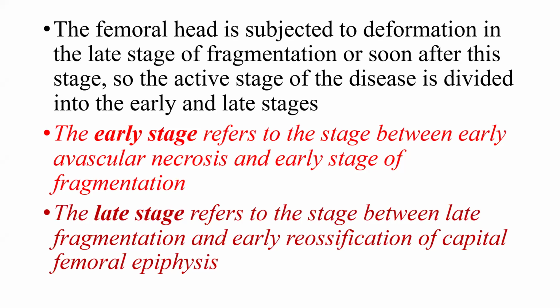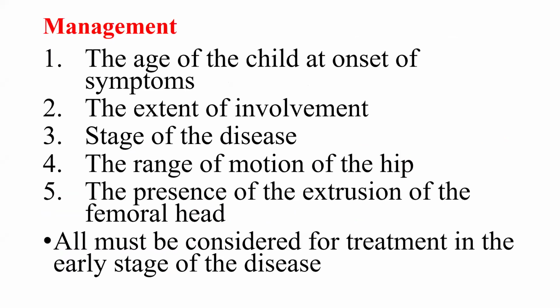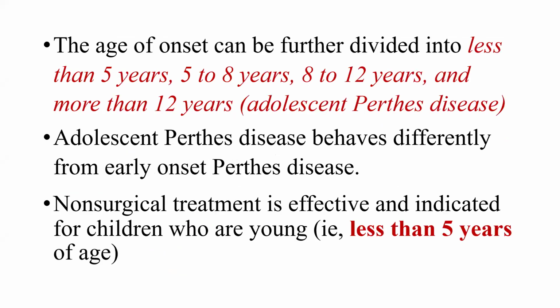For management, the age of the child at onset of symptoms, the extent of involvement, the stage of the disease, the range of motion of the hip, and the presence of extrusion of the femoral head will all help you in deciding what type of management the patient needs. The age of onset can be further divided into less than 5 years, 5 to 8 years, and 8 to 12 years.